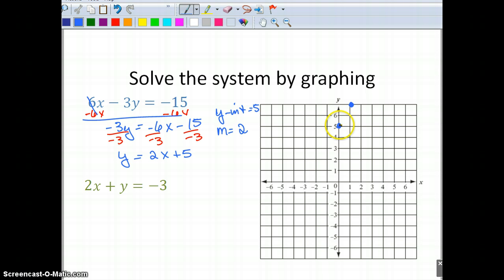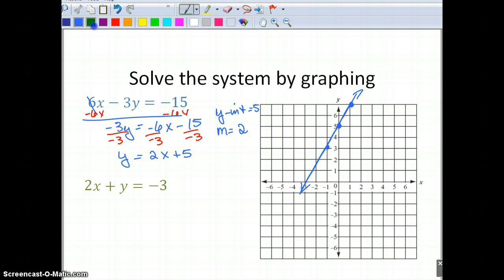Now just to help me get a better point, I'm going to go negative 2, negative 1, because a negative over a negative is a positive, so that keeps me in line. Now hopefully I can write this carefully enough that I can check my answer.